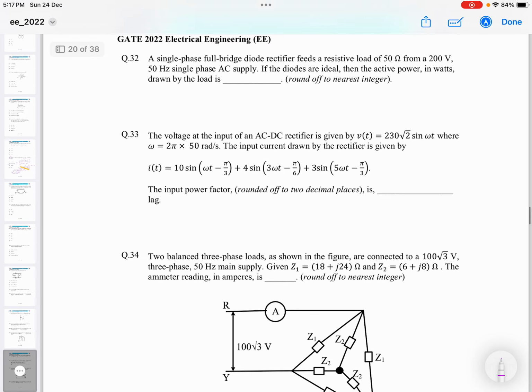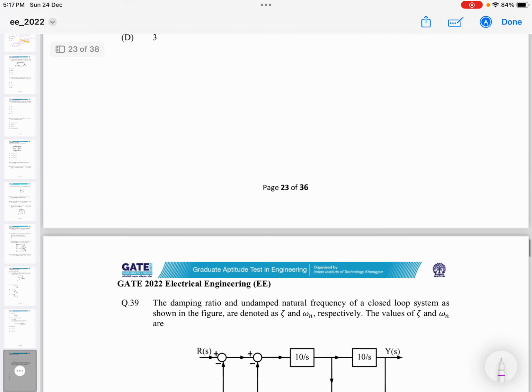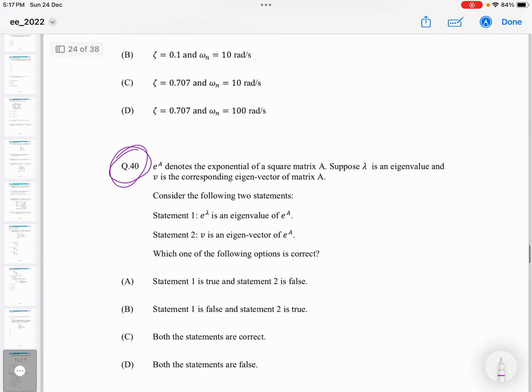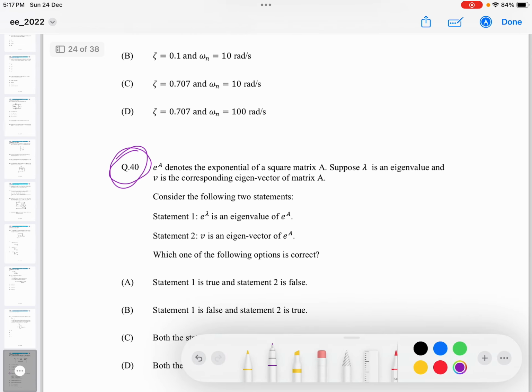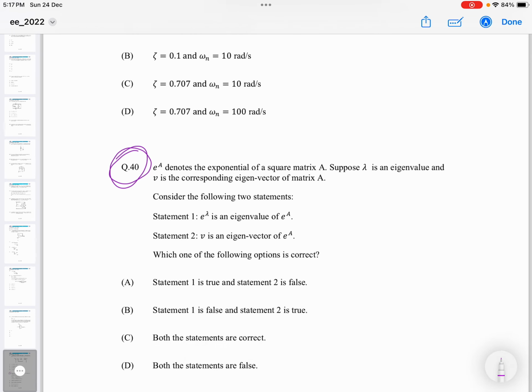Let's move to the next question, question number 40. We are given that e to the power A denotes the exponential of the square matrix A, where A is a square matrix.